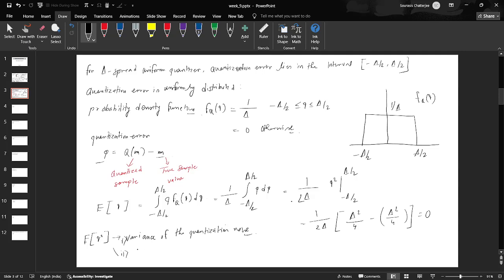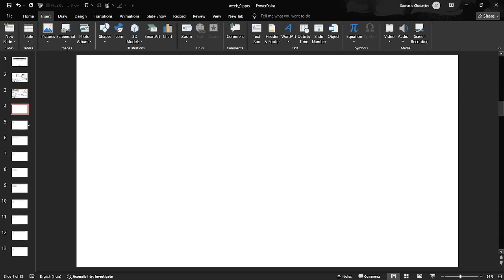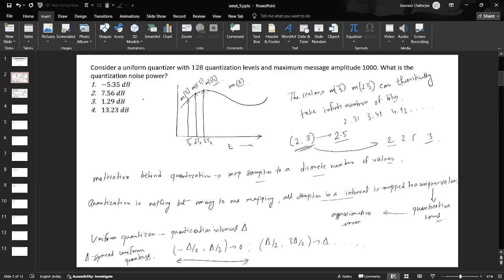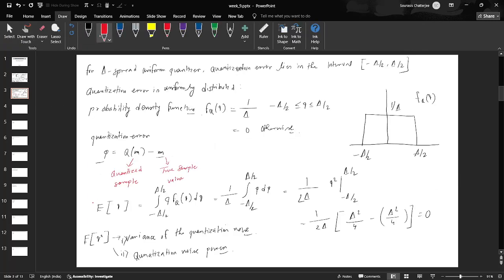This is also termed as quantization noise power, which we are supposed to compute. So let us do that. This is actually something that is being asked in the question. We are supposed to find quantization noise power. So quantization noise power is this term here, expected value of q square.